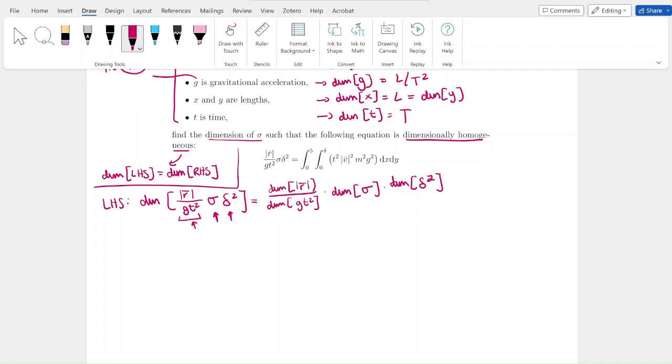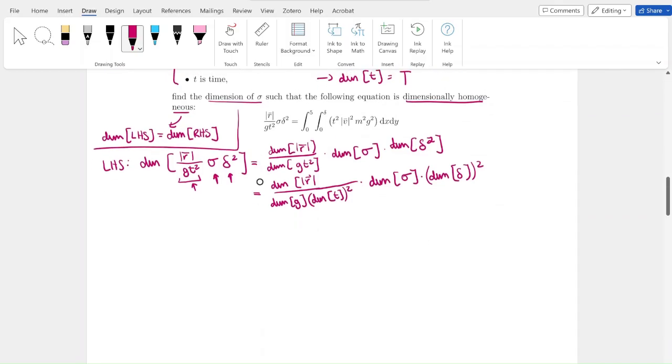Okay, so then we can further decompose this into the dimension of r divided by the dimension of g times the dimension of t squared, which is just the dimension of t squared, times the dimension of sigma times the dimension of delta, and then we square this.